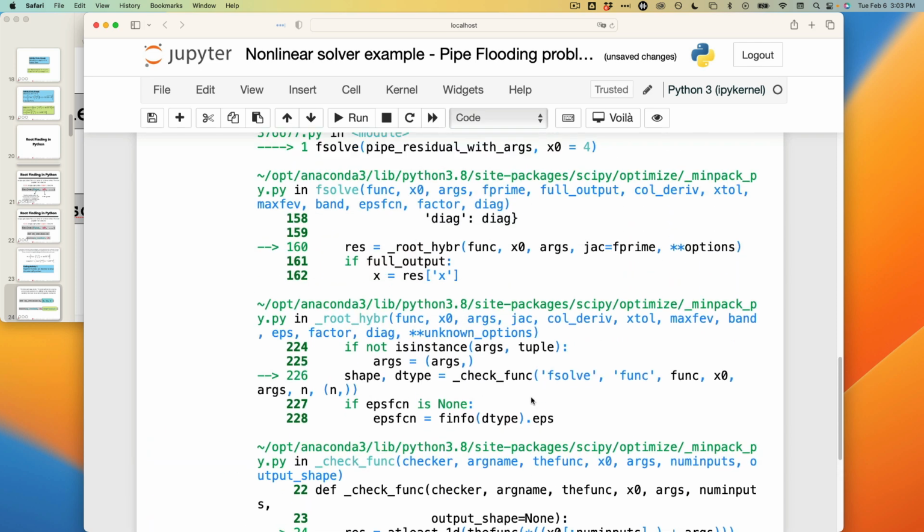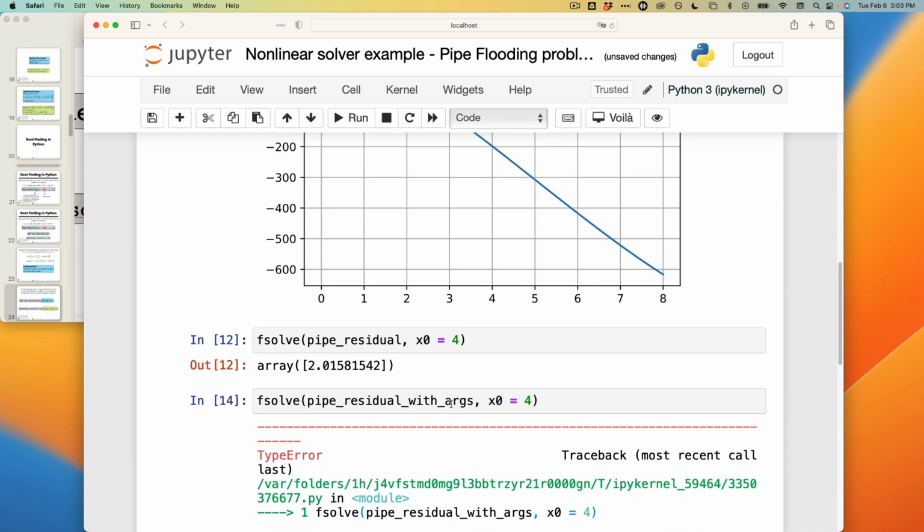Turns out that fsolve allows you to pass those arguments directly from fsolve. You might not see the value in that, because you could just go and change v, l, and r over there, and you're right in this case. But oftentimes that pipe residual is outside your scope, a function you don't see, in a library that's hidden.